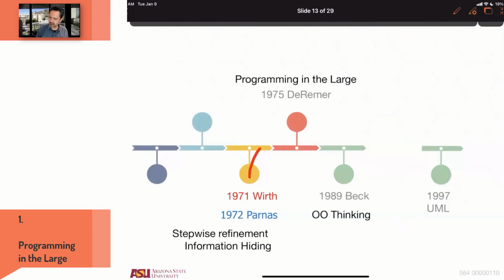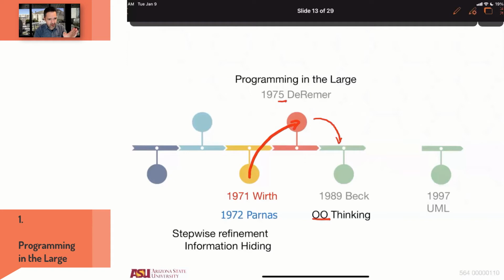And from here, the paper for programming in the large, 75. 5 years later, programming in the large, and 10 years later the paper on object-oriented thinking is going to come out.